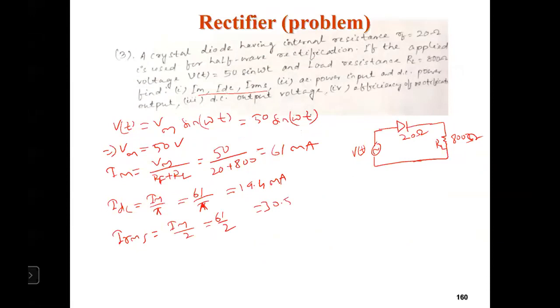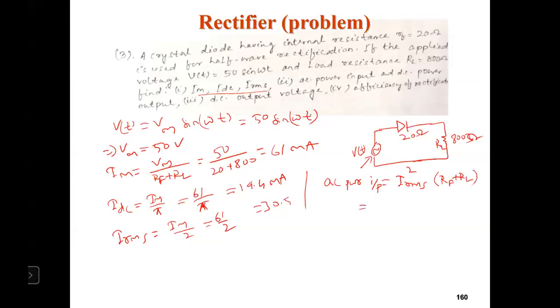Next thing, part B, it is the AC power input and the DC power output. To find out the AC power input, AC power input is equal to IRMS square R. The total resistance is RF plus RL.